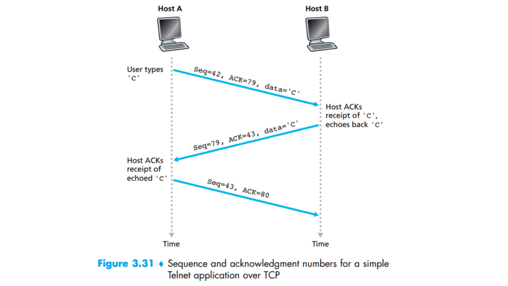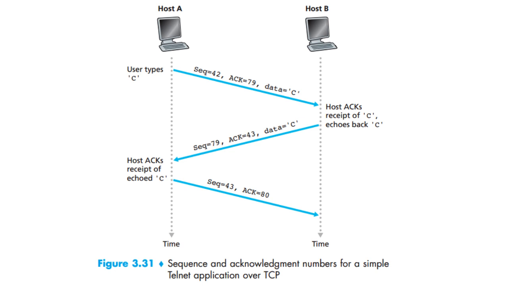The first segment is sent from the client to the server containing the 1-byte ASCII representation of the letter C in its data field. This first segment also has 42 in its sequence number field, as we just described. Also, because the client has not yet received any data from the server, this first segment will have 79 in its acknowledgement number field.